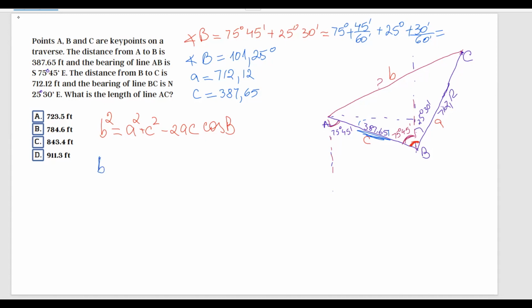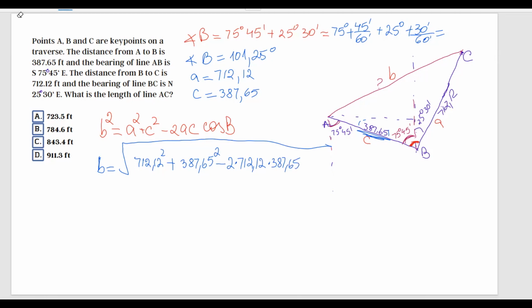B is equal to the square root of 712.12 squared plus 387.65 squared minus 2 multiplied by 712.12 multiplied by 387.65 and multiplied by cosine of 101.25 degrees.